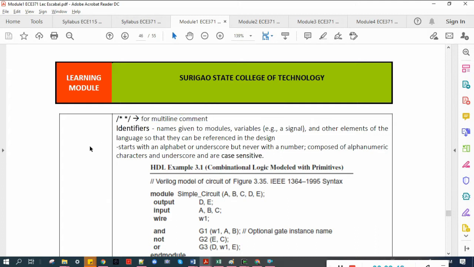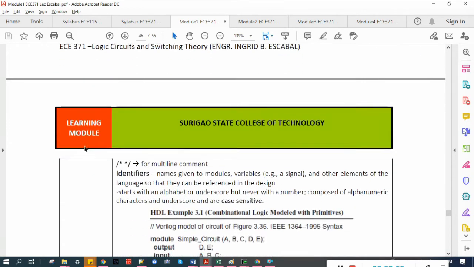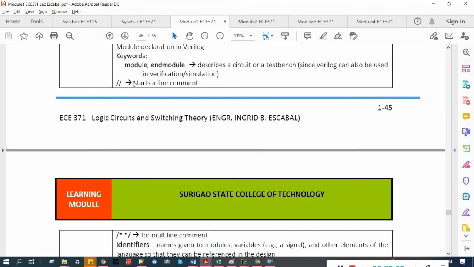So if we want to add paragraph comments, we can use this. If we want to add a single line comment, we use 2 forward slashes, then what follows is the comment.